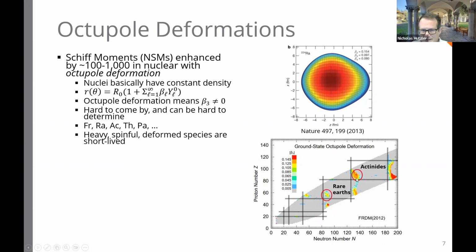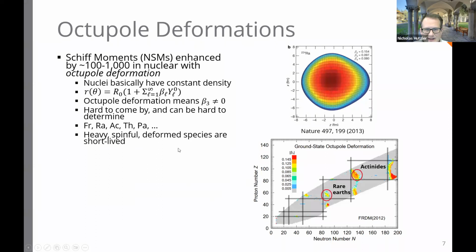In particular, these actinides are interesting because for symmetry violation searches, you want the species to be very heavy. All of these sensitivities scale very rapidly with the proton number in the nucleus. So things like francium, radium, actinium, thorium, protactinium are up here. They have these large deformations. They're heavy, so they have really high CP violation sensitivity.